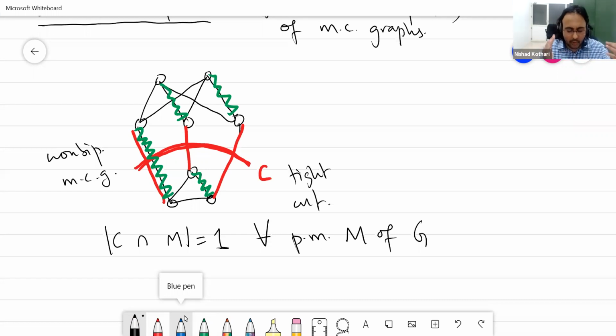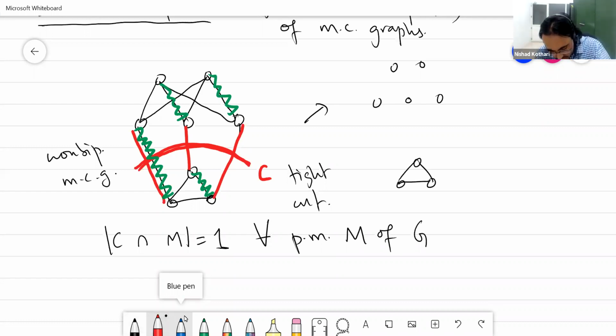And what you can do when you have a tight cut is you can get two smaller graphs. What you would do is you would shrink the bottom part into a single vertex, and you would shrink the top part into a single vertex. Let me just show you how it is done. So I will keep the top part as it is.